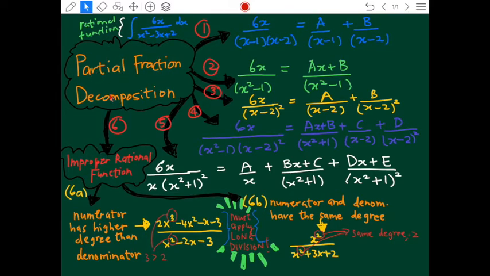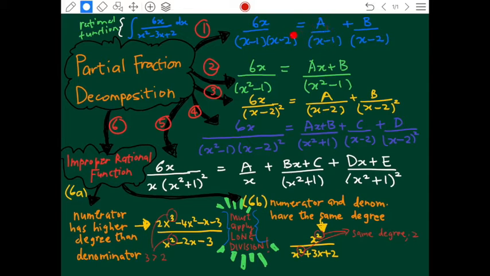Now, in terms of partial fraction decomposition, there are actually 6 types altogether. The first type is, for example, from this question, 6x over x squared minus 3x plus 2, you need to factorize it so that it will become x minus 1 times x minus 2. Once you obtain this, then you can decompose it into its own partial fraction decomposition.